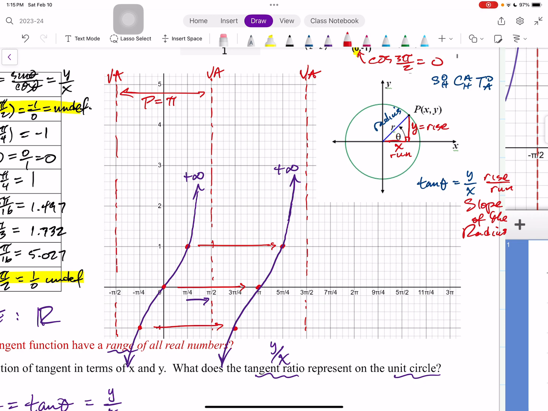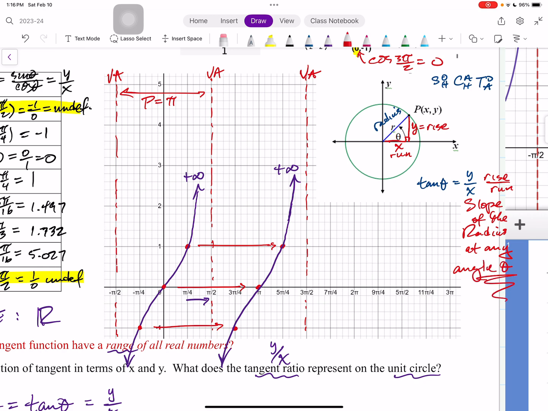Given any angle theta, you can calculate the slope by using the tangent function. So y over x, the ratio here, is the slope of the radius at any angle theta.